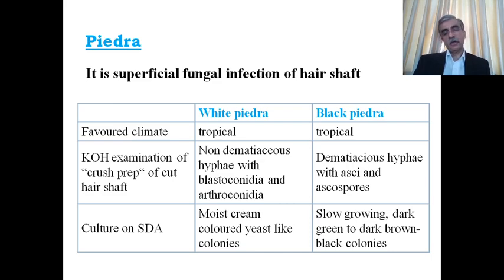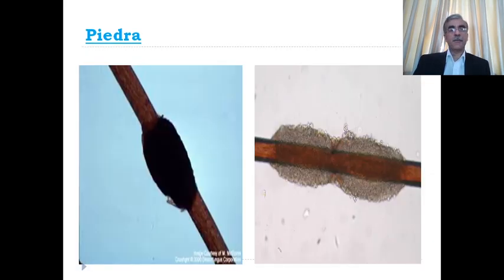Then culture on fungal culture media can be grown. In white piedra, the colonies are moist, white, creamy colonies, whereas in black piedra the colonies are slow growing, dark green or dark brown, or they can be black colonies on fungal culture.